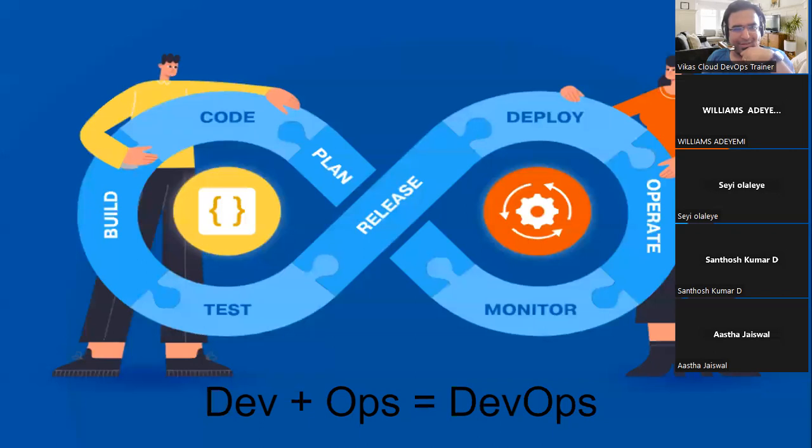Let's take an application, say a Vikas application. The work of DevOps is to provide the infrastructure and automate the processes to help the application.